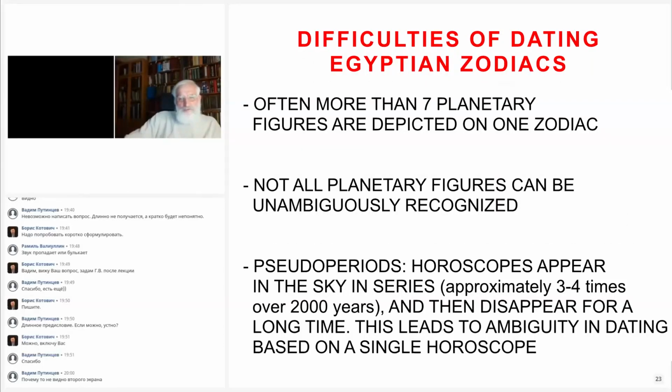Now let's talk about how to date zodiacs and, in general, the history of this question. The question of dating specifically Egyptian zodiacs has a long history. Let's start with them. The astronomical nature of Egyptian zodiacs was immediately noticed. It is quite obvious.